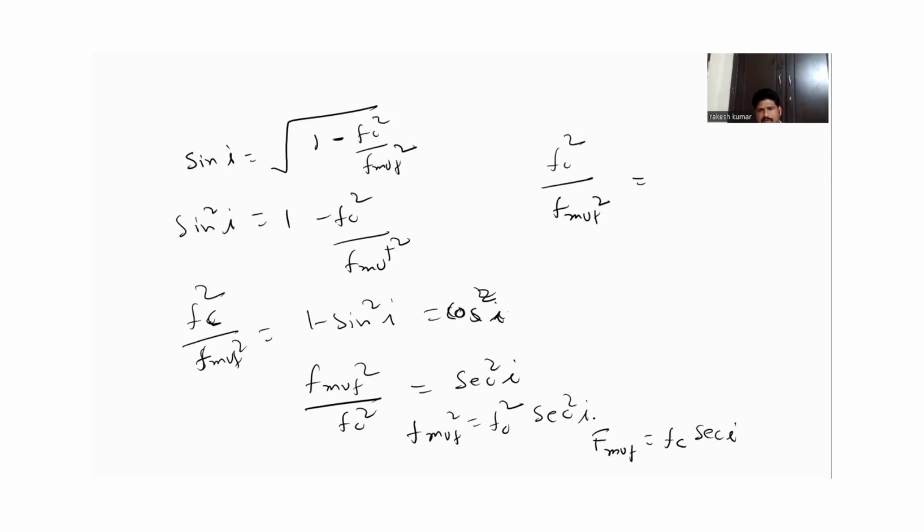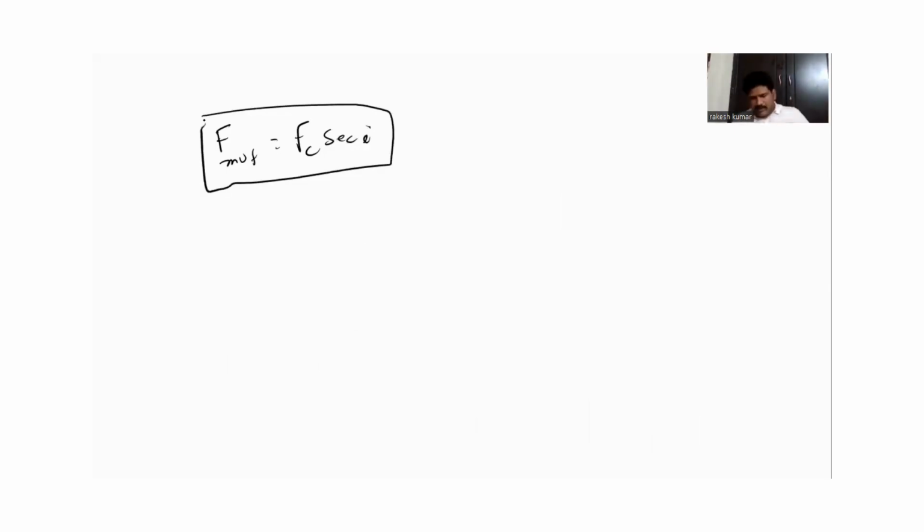So this is a very, very important relation. It gives the relationship between maximum usable frequency and critical frequency: f naught is equal to critical frequency fc into secant i.